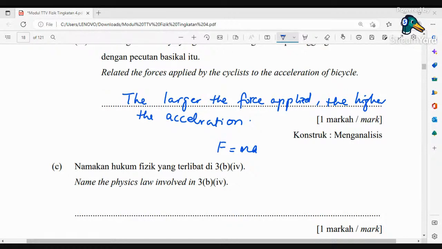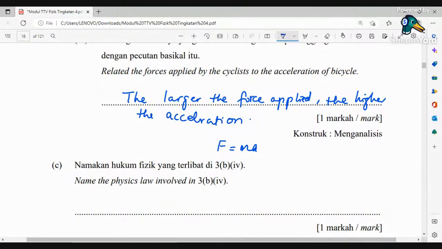Okay, Newton's second law. Okay, apa Newton's second law ni? Rate of change of momentum directly proportional to force applied in the same direction. Okay.